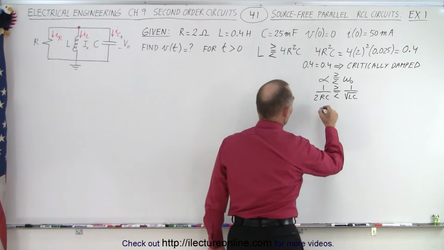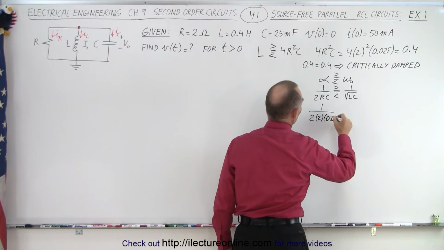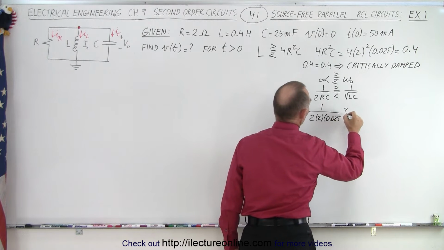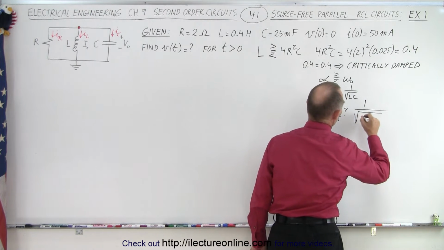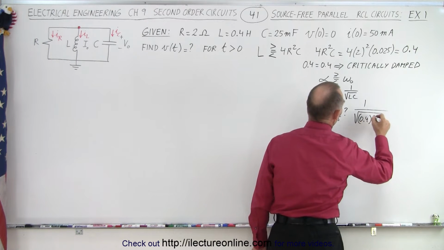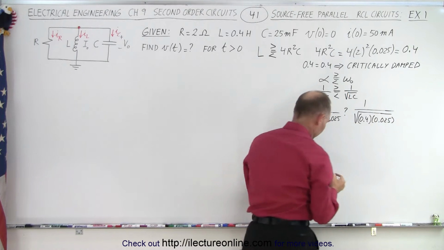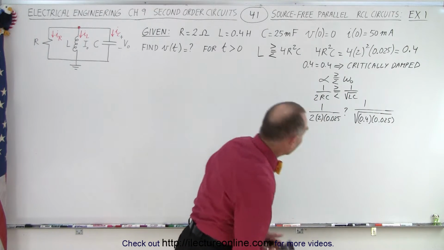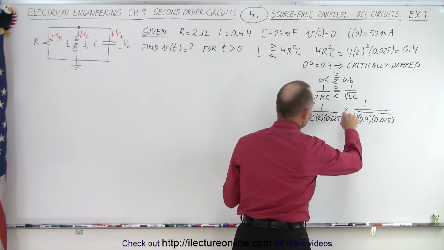So let's check. I have 1 over 2 times 0.025, and we want to know if that is equal to 1 over the square root of 0.4 times 0.025. Did I forget my parentheses here? Certainly did.